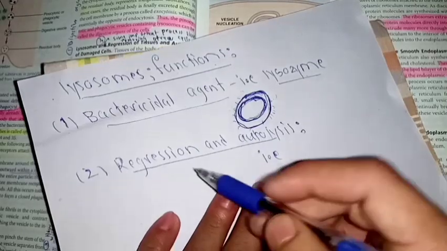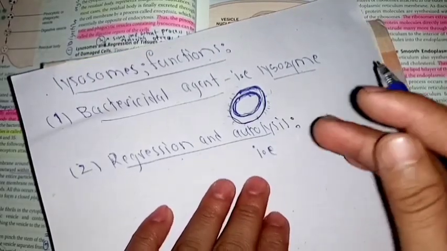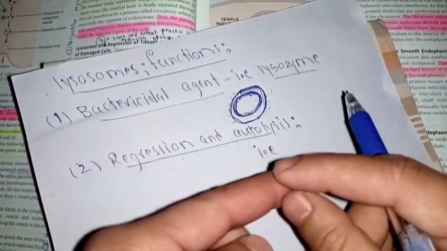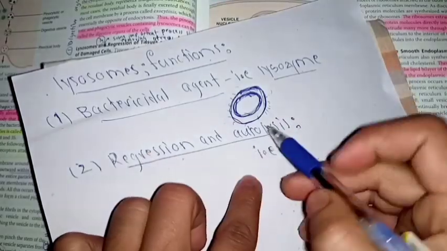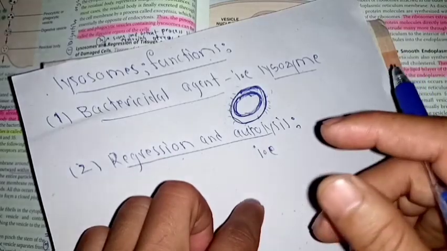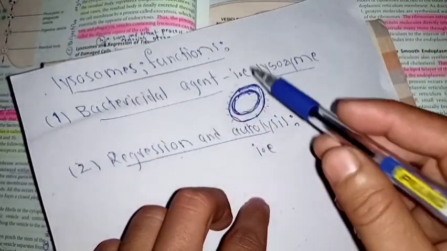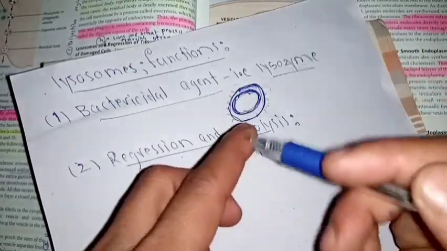These are the changes which occur through regression, and what causes a damaged area to heal? The damaged area of the body heals because of autolysis. Because of autolysis, the damaged structures are digested by the lysosomes, and their products are released for the renewing and healing of this area.